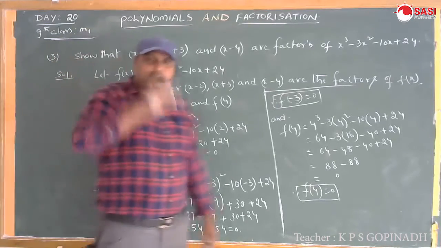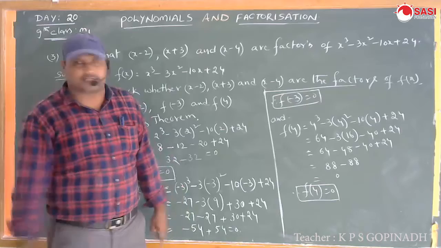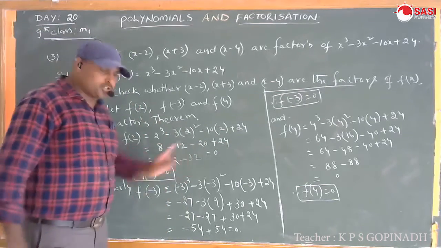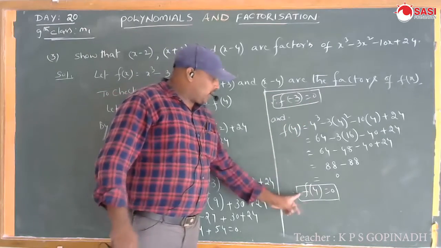If p of a equal to 0, then x minus a is a factor of p of x according to the factors theorem. So similarly here also, by using factors theorem, f of 2 equal to 0 we got, and f of minus 3 equal to 0 and f of 4 equal to 0.